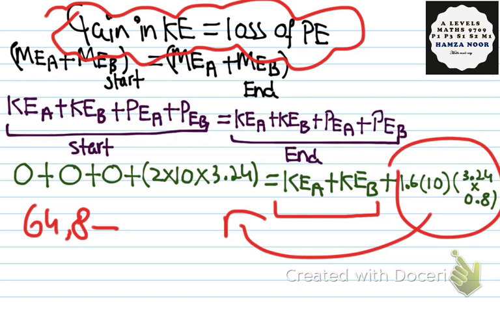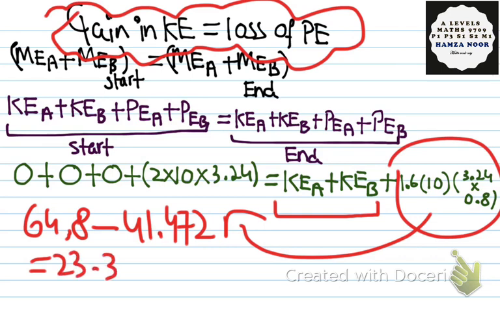This is equal to 41.472. So this means that the loss in potential energy is equal to, just put in the calculator, 23.328 joules. Here you go, 3 marks.